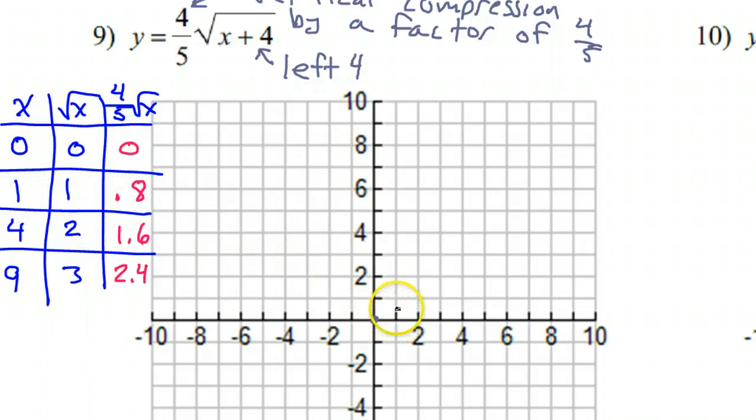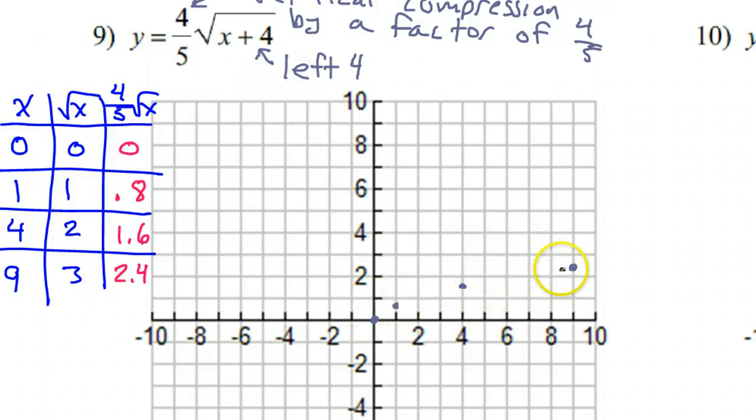So over 1 and up 0.8. Over 4 and up 1.6. So that'll be about here. And then over 9 and up 2.4. So here's 9 and here's 2.4. So this is our skeleton from which we will begin.